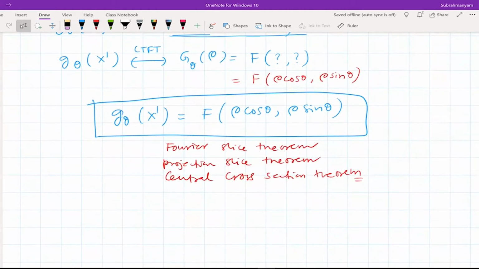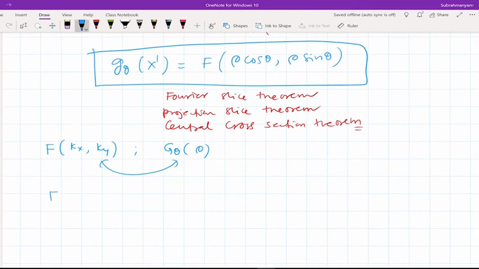So in the proof, first think about it: I need to write an expression for F of kx comma ky on one side, and an expression for the Fourier transform of g theta of x prime, which I am calling g theta of rho. Then I need to see a relationship between these two.